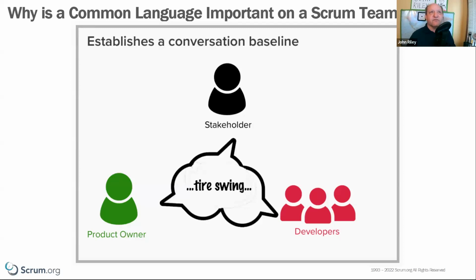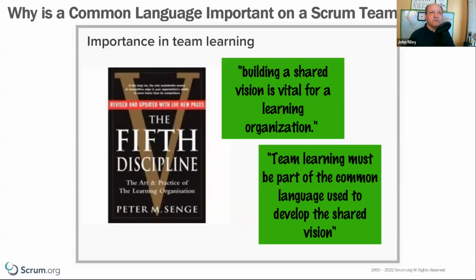So that's important for establishing a common language. The other thing is that it is important in team learning. We know we have a small team, but everybody has to have what is important for knowing how they are going to learn.